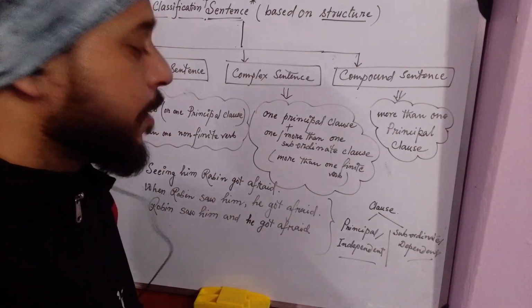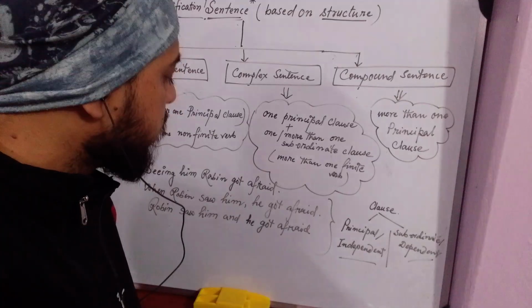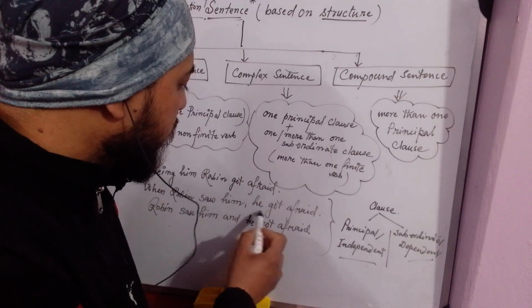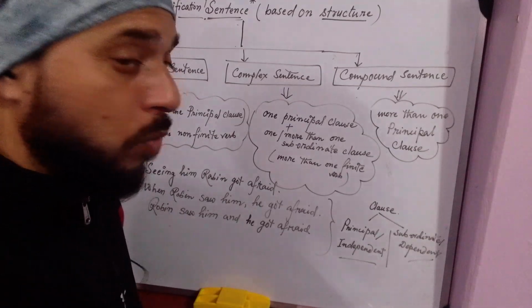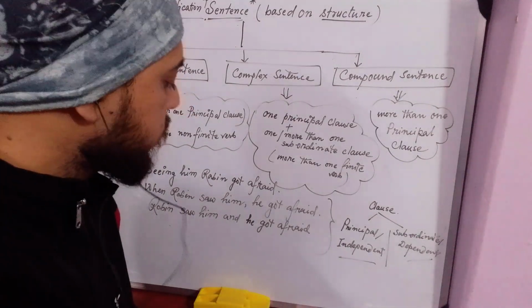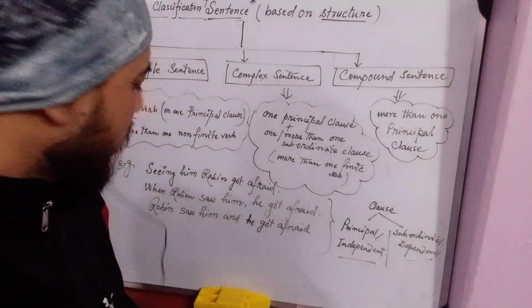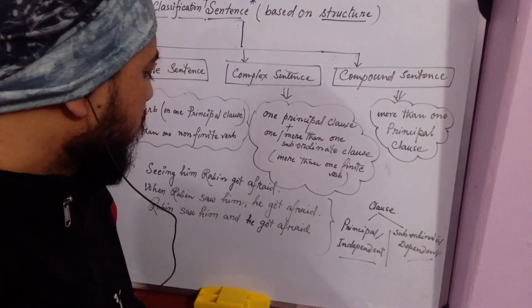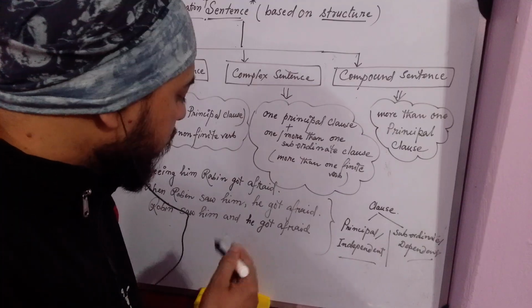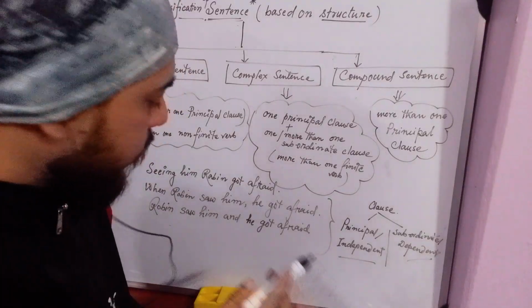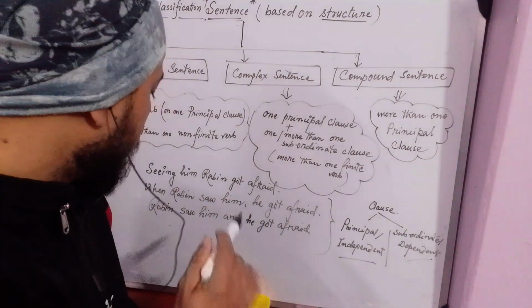Here we have two clauses because he got afraid and when Robin saw him are carrying their own verbs, in fact finite verbs, their subject and other words. So these are actually clauses, and one is depending on the other. That is the point to be focused on.